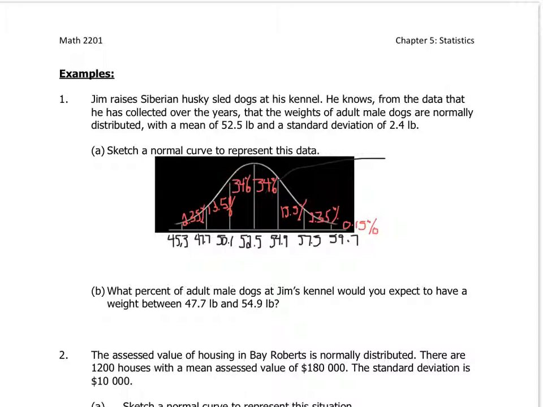It's very difficult to write small with this pen. And then 0.15% for a total of 100%.